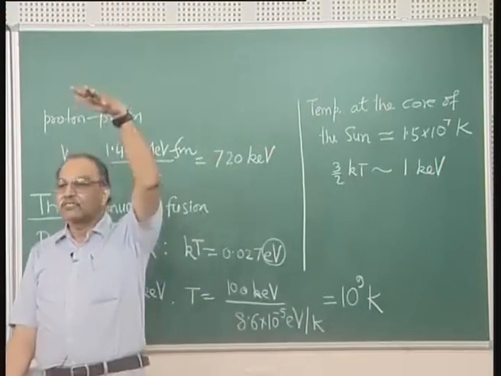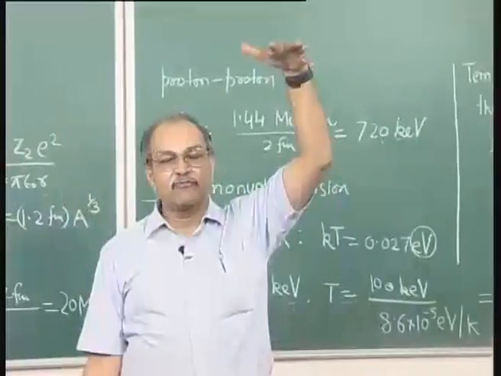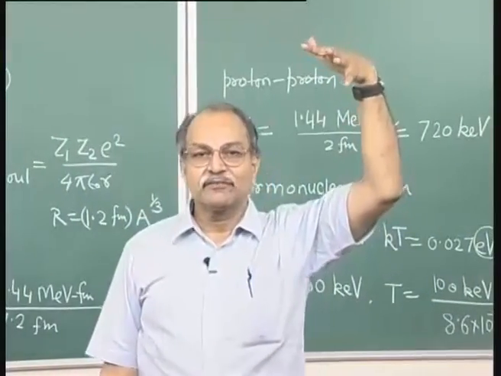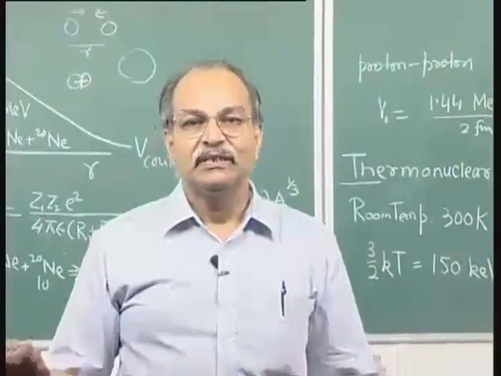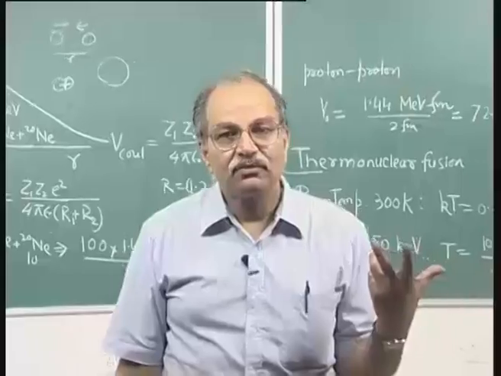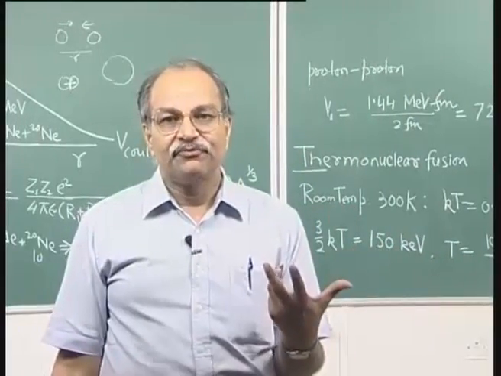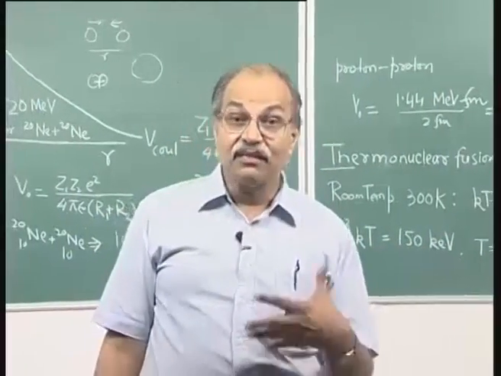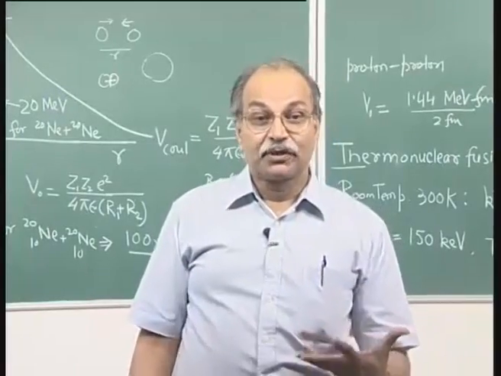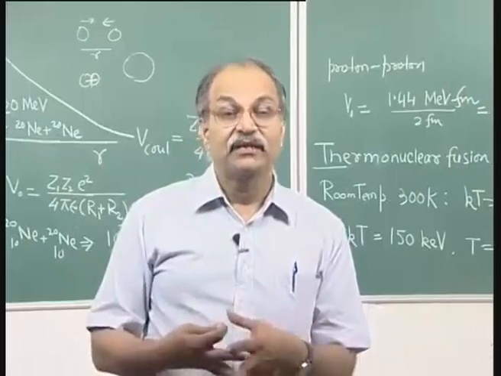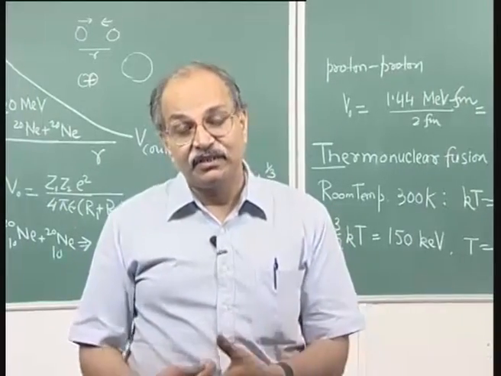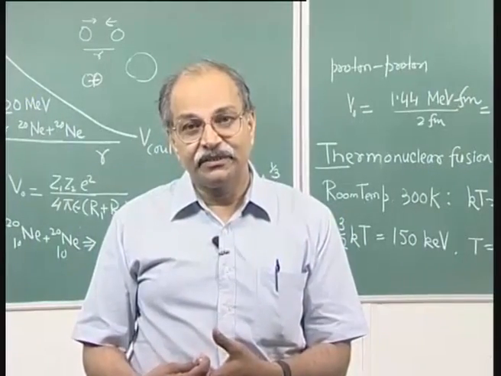So, compared to 720 kilo electron volts of Coulomb barrier, the kinetic energy of these protons which are coming will be around 1 or 2 kilo electron volts, very very small, but still sun is able to produce so many fusion reactions, so many protons are combining and giving all this energy.